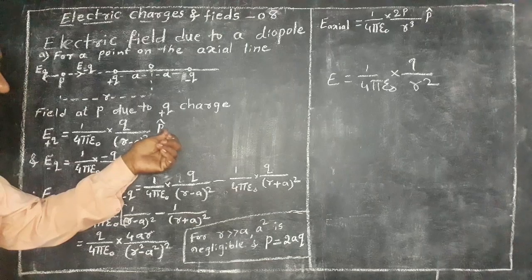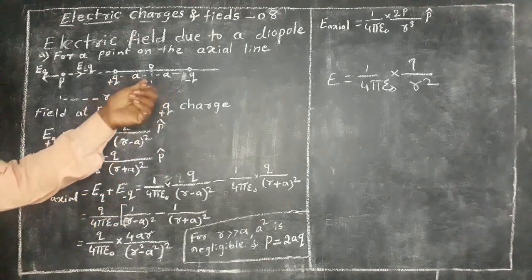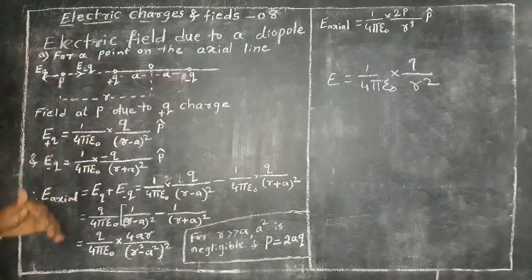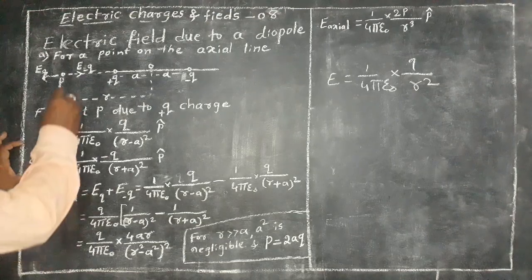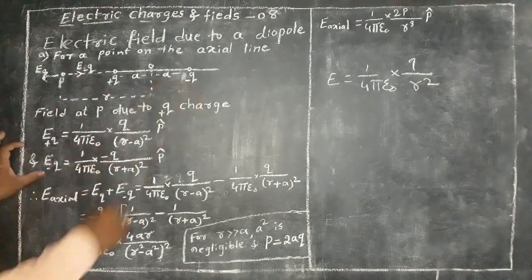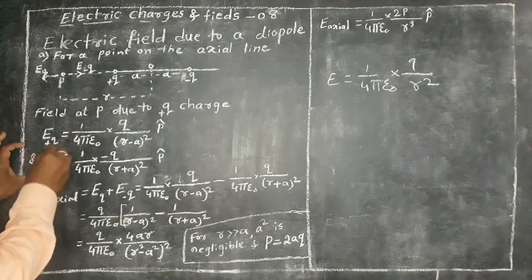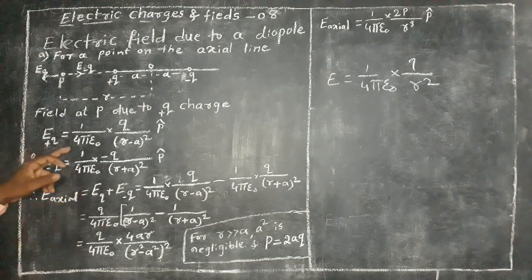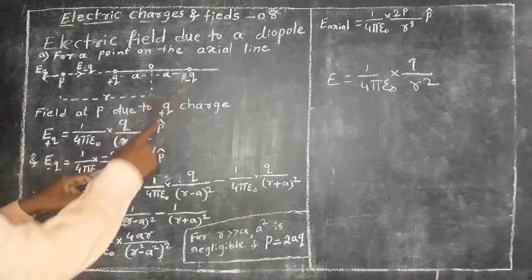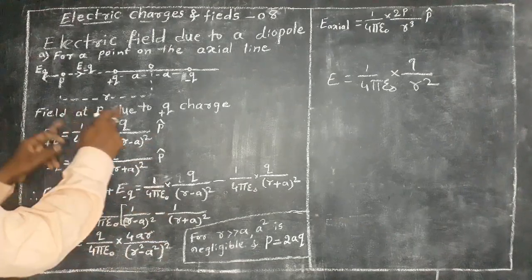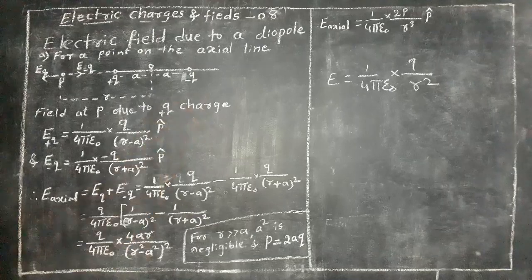Here p cap represents the unit vector in the direction of dipole moment, from minus Q to plus Q. Then the field at P due to minus Q charge, E minus Q, equal to 1 upon 4 pi epsilon naught into charge minus Q upon the distance R plus A whole square.